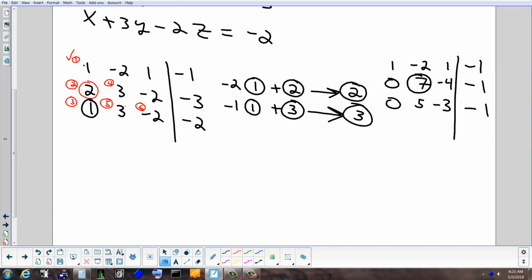It wouldn't make it a 1, but it would make it a 2. And then if I had a 2, all I would have to do is multiply everything by a half. To me, that's a lot easier fraction to work with than sevenths. But we can do it either way.